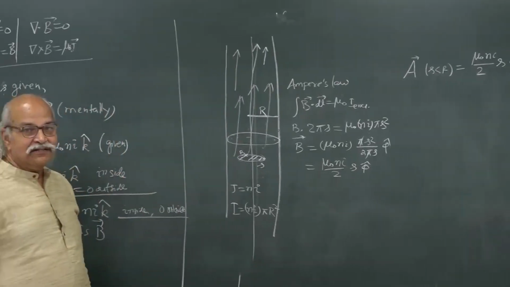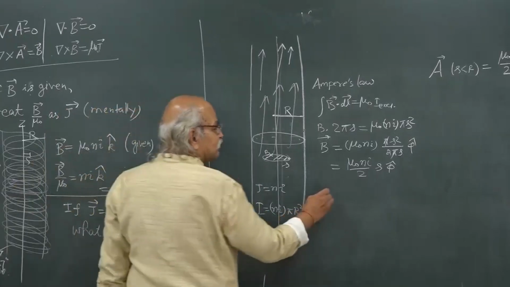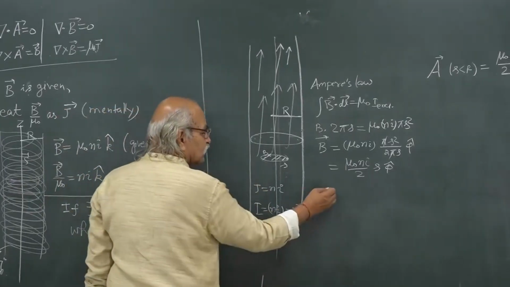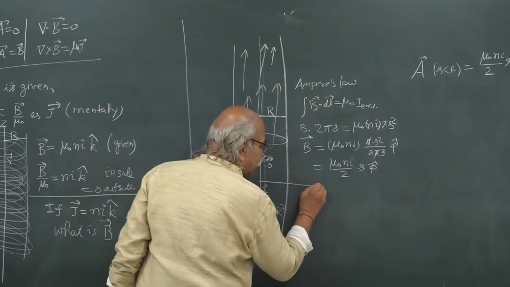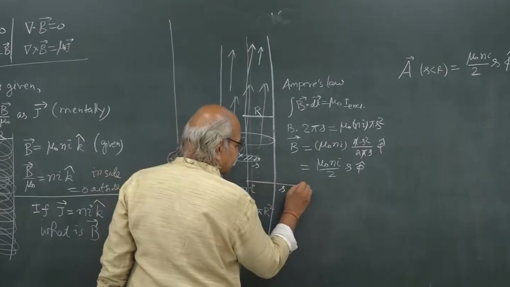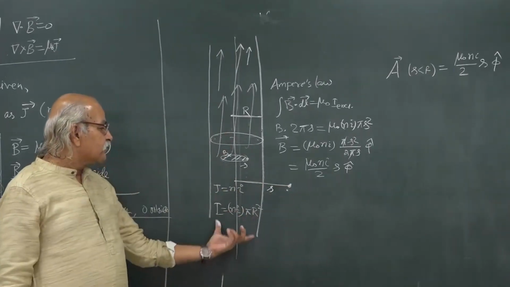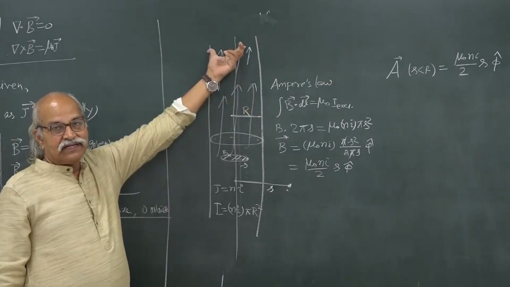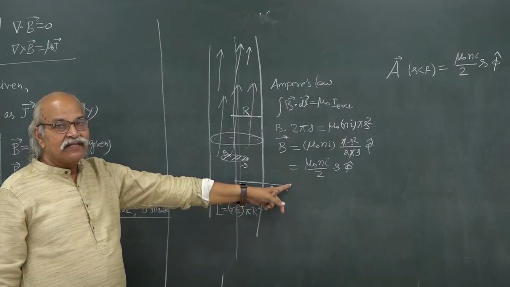What about outside? Outside is even simpler, I also remember the formula, and therefore you also remember the formula. If it is an outside point at a distance s from the axis, and you have this much current I going in z direction, what will be the magnetic field here?